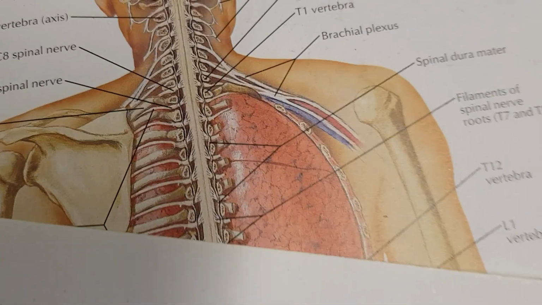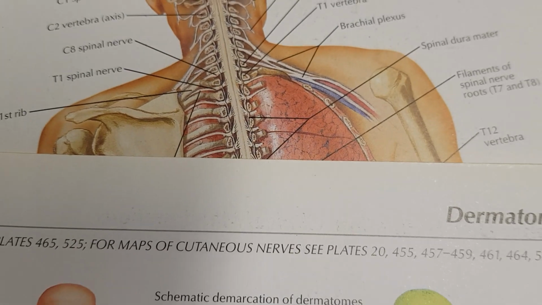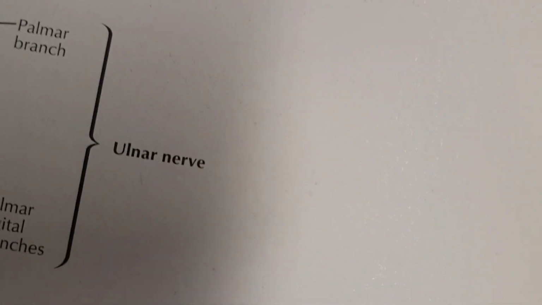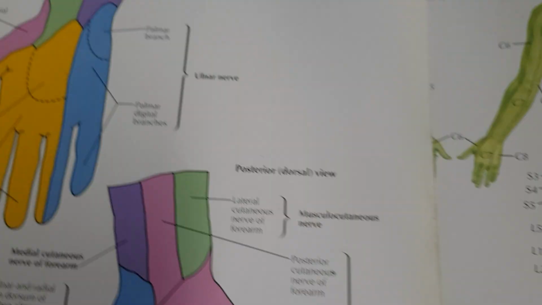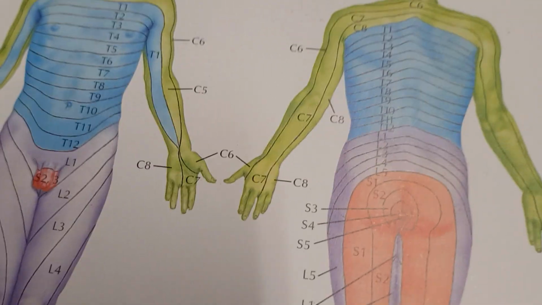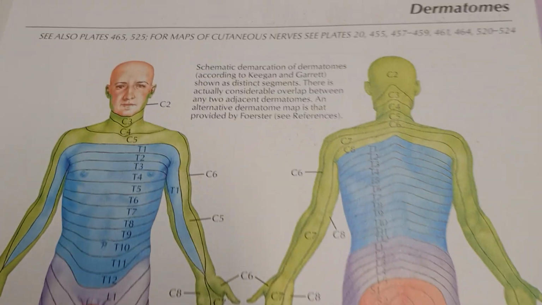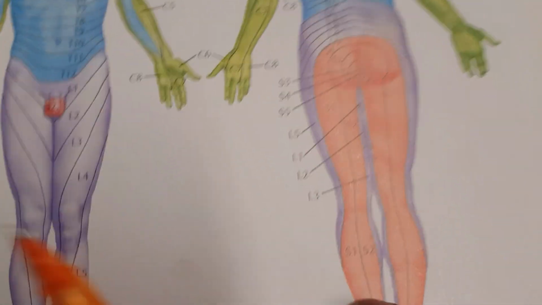Now, I just have to show you something. So it's dermatomes, myotomes, and peripheral nerves. I want you to have a look on this picture. Okay. That is the picture of dermatomes as we explained thoroughly for you. Right?